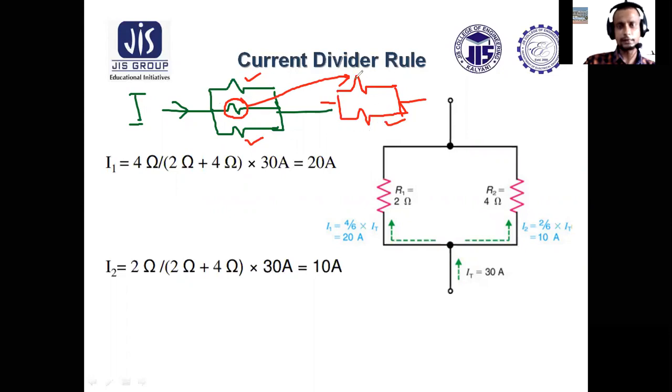So now it has been reduced to 2 resistances. Now apply the current divider rule, and you'll get your answer. So if more than 2 resistors are there, combine all the other resistances except the resistance through which current is to be determined, and once all the other resistances are combined into a single one, you will get 2 parallel resistances, and now you can apply the current divider rule easily.